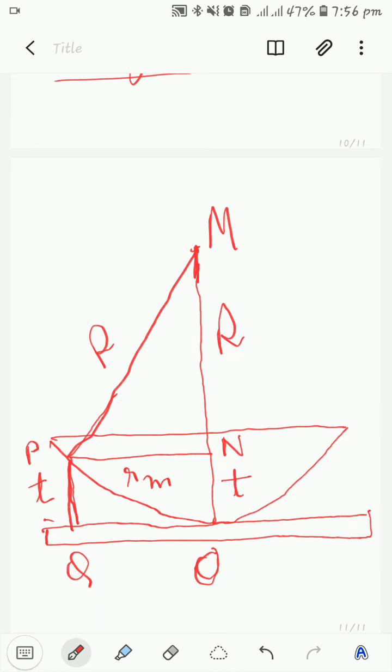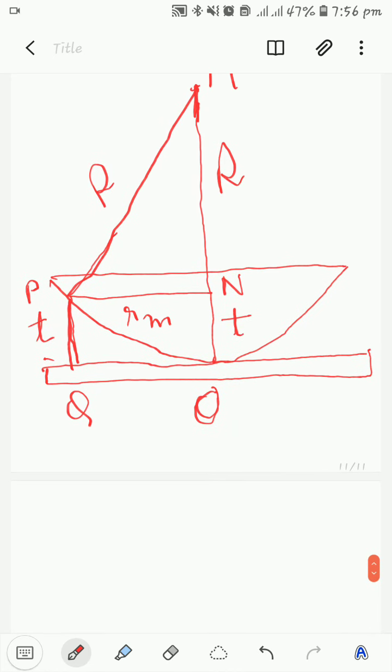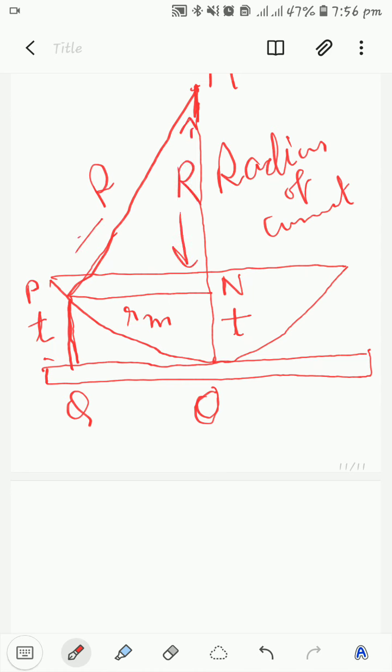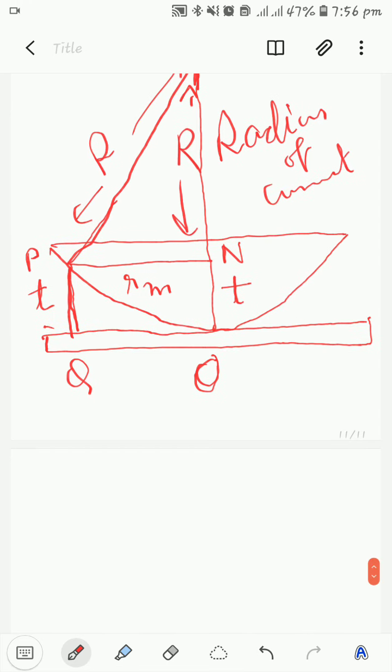Okay, so what we are seeing here is R is the radius of curvature denoted by R. This distance is also denoted by R because this is also a radius, for the particular thickness T. Okay, now to find the value of rm, we'll use the Pythagoras theorem in the above triangle.